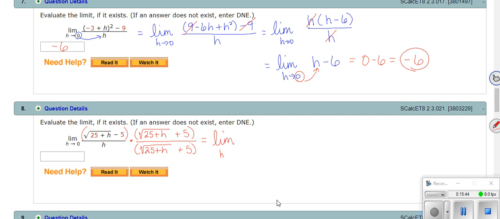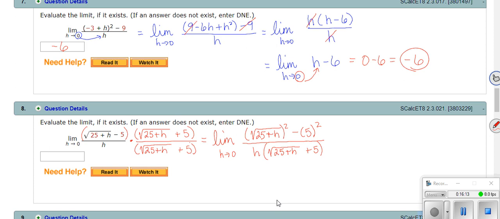Limit as h approaches 0 of the square root of 25 plus h squared minus 5 squared all over h times the square root of 25 plus h plus 5.